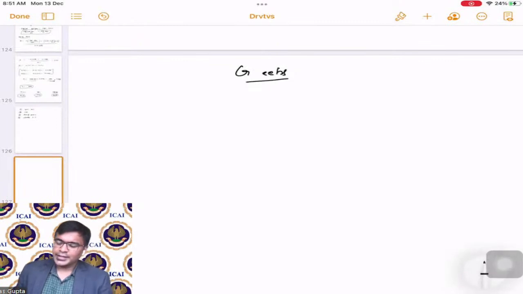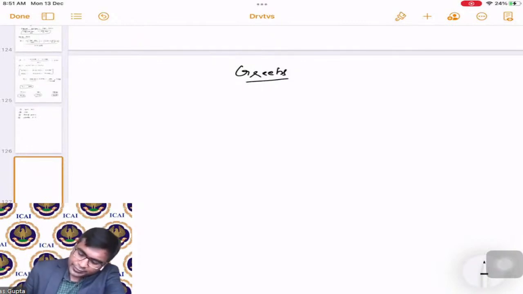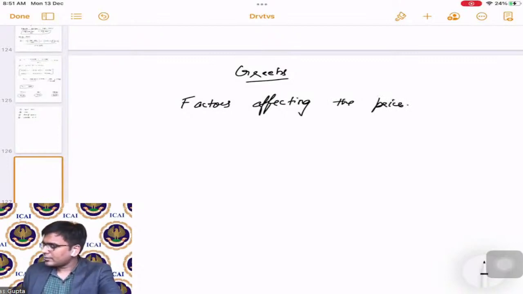Greeks. What are these Greeks actually? These Greeks are factors affecting the prices. Correct? So these are the factors affecting the prices.